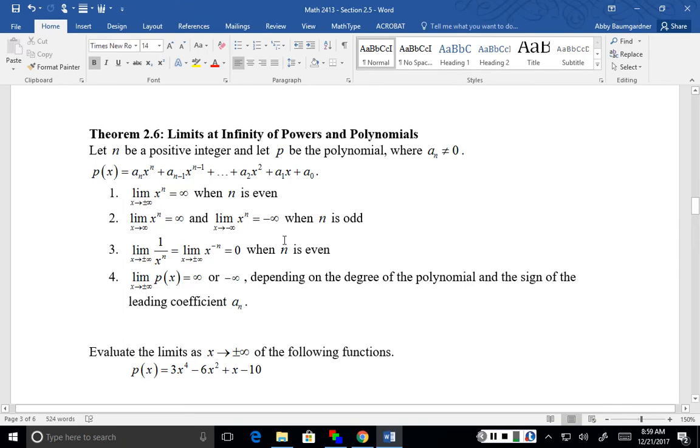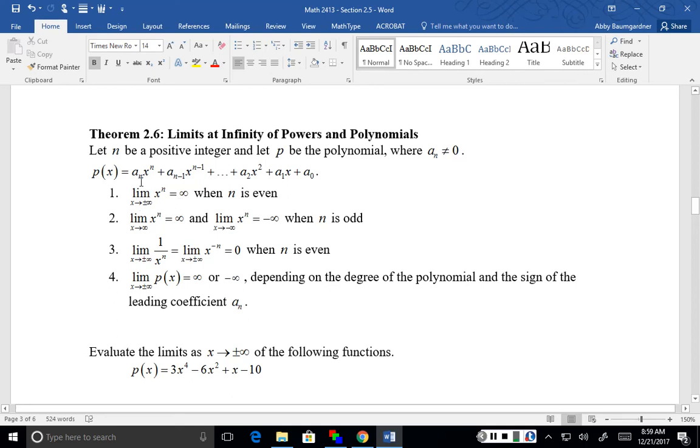Then the following statements hold. Really, this is just a polynomial of degree n. The only stipulation is that this first term does not have a coefficient of 0.